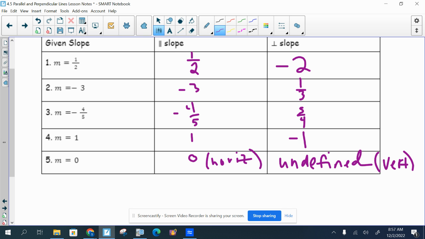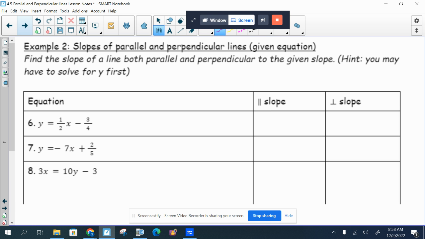Okay. Pages. And then we're going to practice identifying the parallel and perpendicular slope, but given the equation. So for question 6, the slope is 1/2. So it's just like the other page. If it's 1/2, the perpendicular slope will be -2.